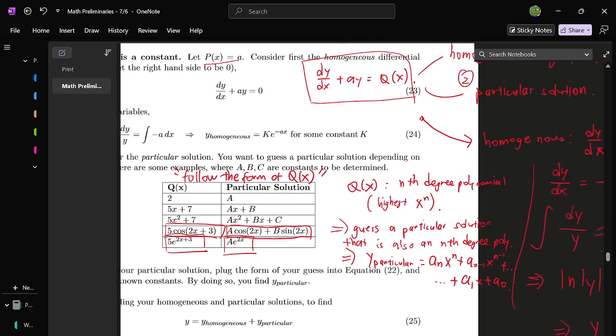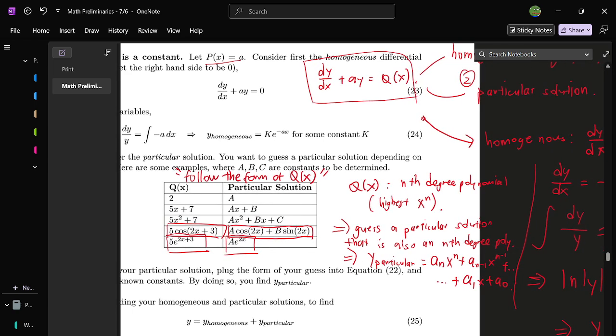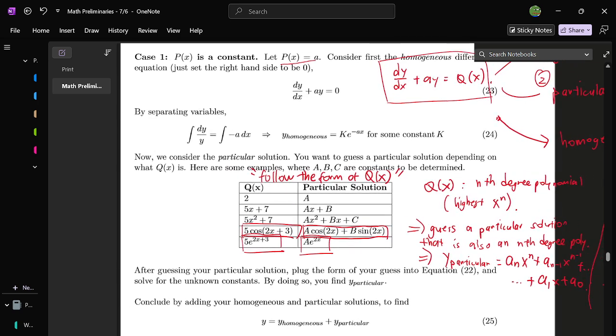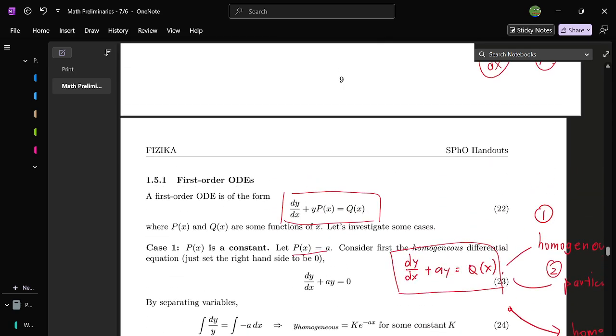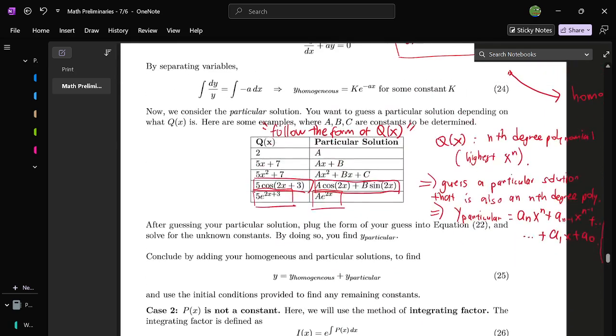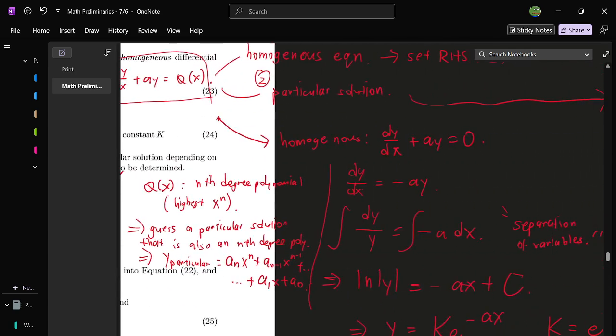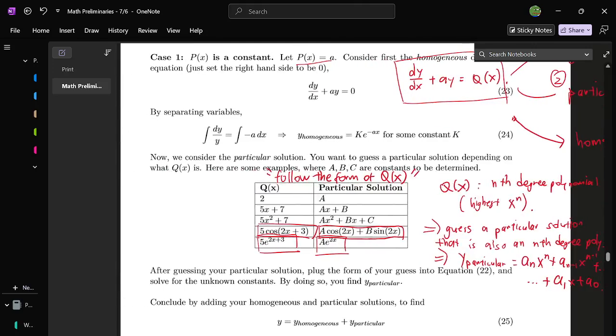And you can see here how I followed the form of Qx. So after you have this guess, you can just plug this guess back into your original differential equation. And after you do that, you will solve for your remaining constants. By doing so, you will find the particular solution. So you might be a bit confused at this point what this means by solve for the unknown constants, then find the particular solution. But there are a lot of examples down the road to illustrate what I mean.